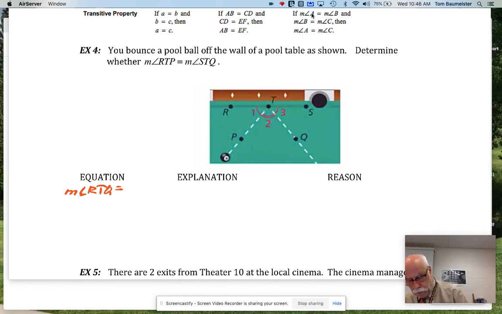If you look at the example in the textbook, they said the measure of angle PTS. And what's our explanation? Well, I just showed you it's marked in the diagram, so since it's marked in the diagram, that means that it was given.